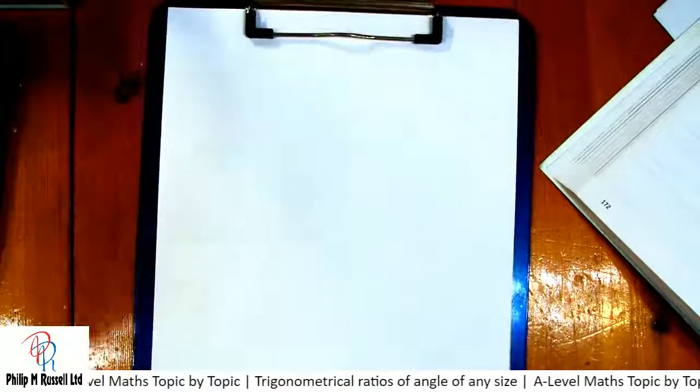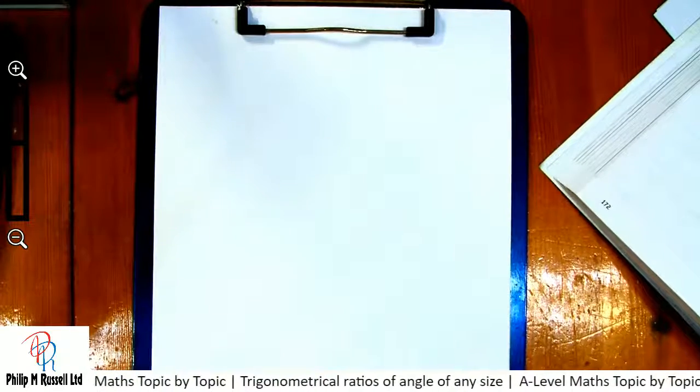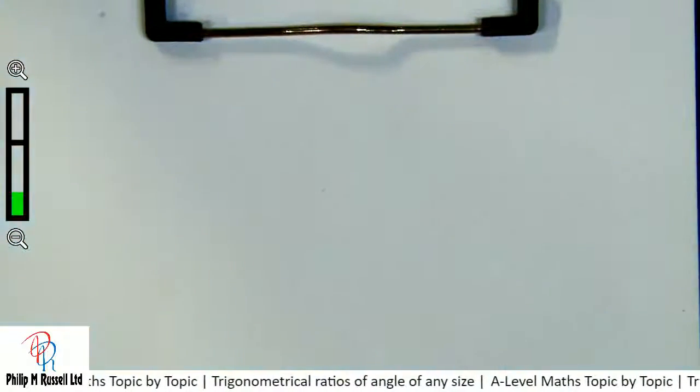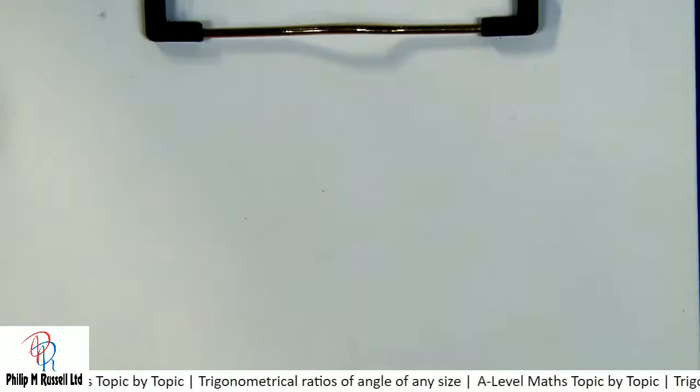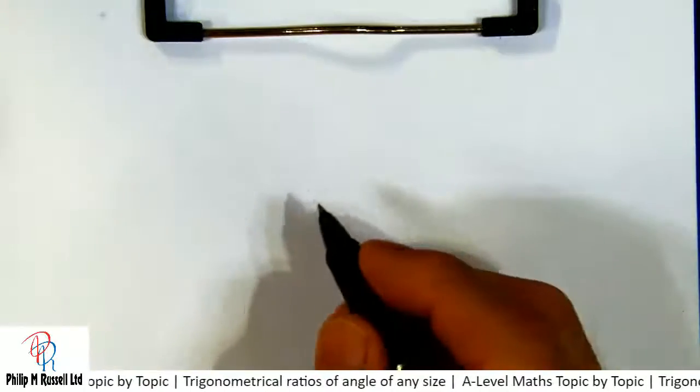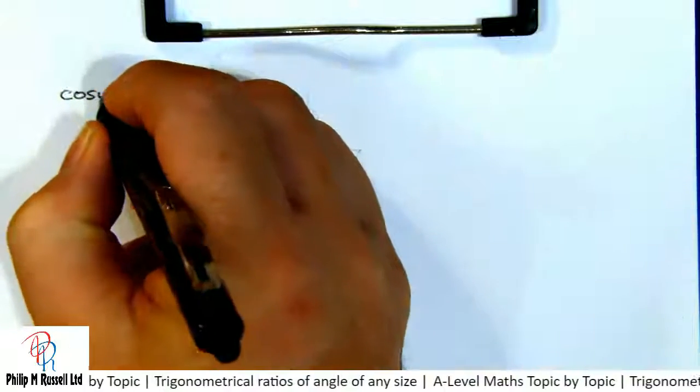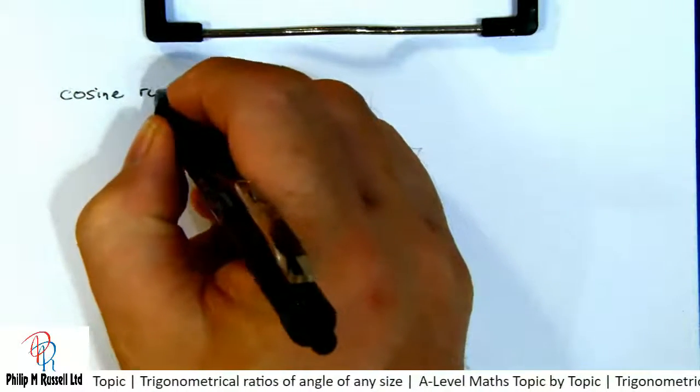What I'm going to start off with is, that's better, I can zoom in, looking at what rules we've got to try and help us. We have various things. We have the cosine rule.